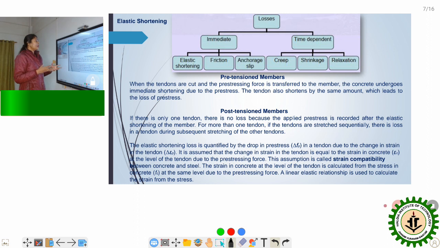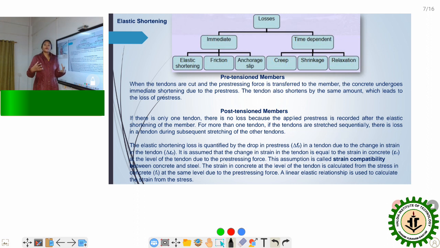So far we have an idea what pre-tension members and post-tension members are. For pre-tension members, the tendons are stressed before the concrete is placed in the section, right? For post-tension members, what is happening?